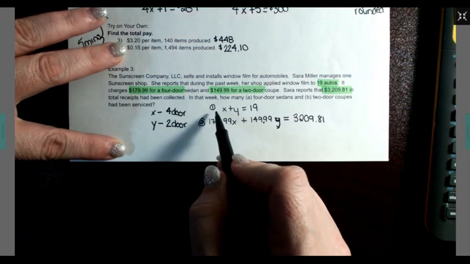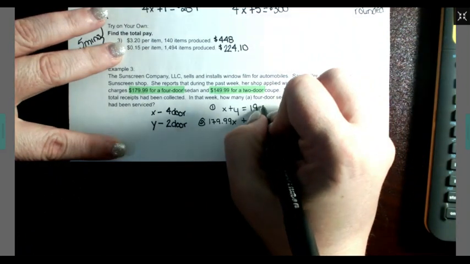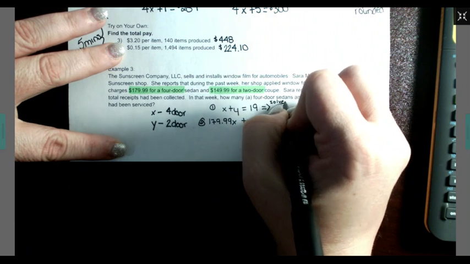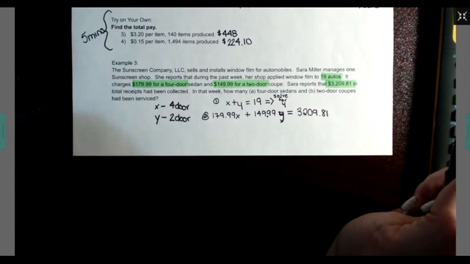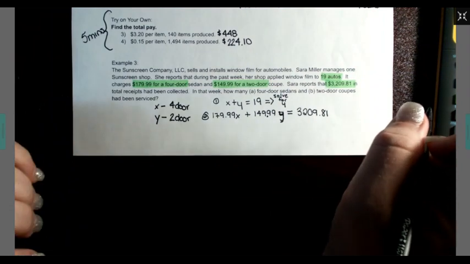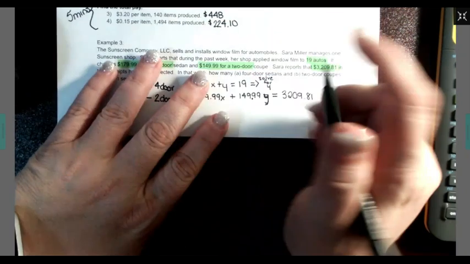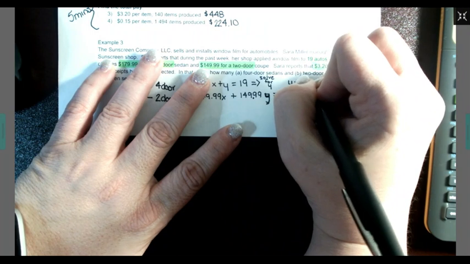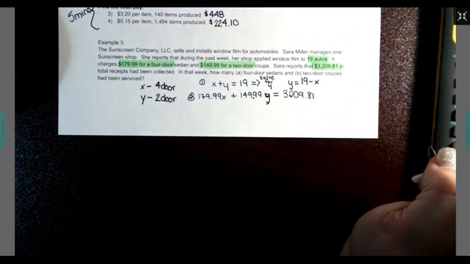For equation number 1, I'm going to solve for Y. If I solve for Y, what do I do with that X? I subtract it from both sides. So we have Y equals 19 minus X, because we subtracted X from both sides.